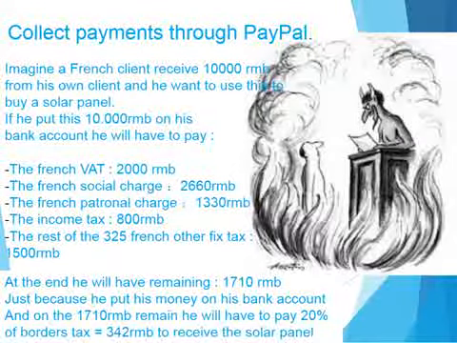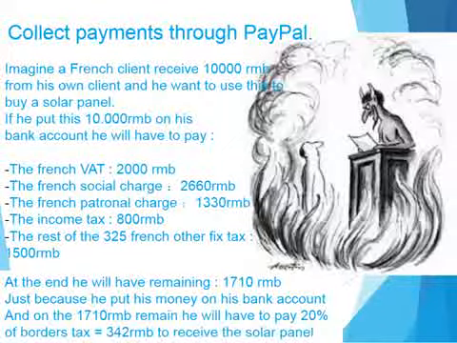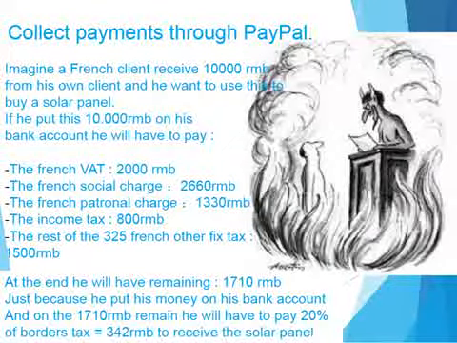So when he receives 10,000 RMB, he will pay 2,000 RMB of VAT, the value added tax. After, he will have to pay the French social charge. It's around 2,600 RMB. After, he will have to pay the patronal charge. It's around 1,300 RMB. After, he will have to pay the income tax, which is around 800 RMB.